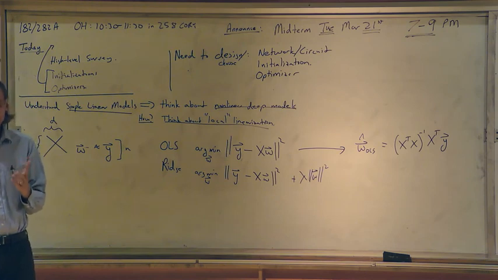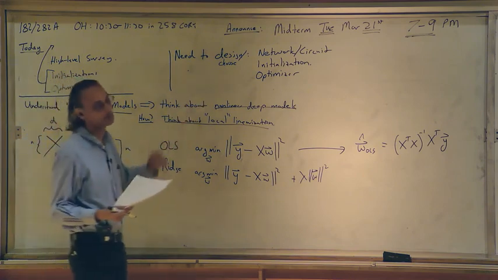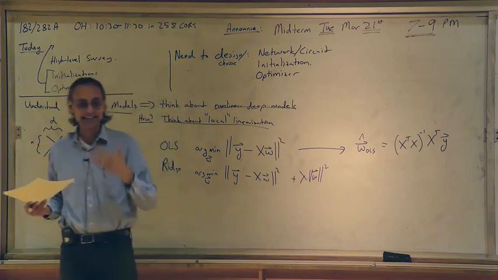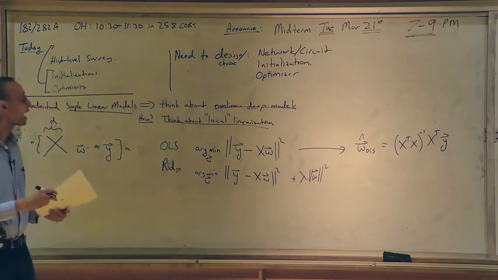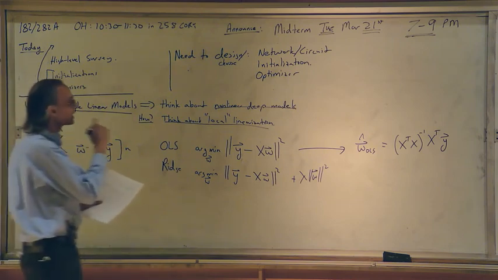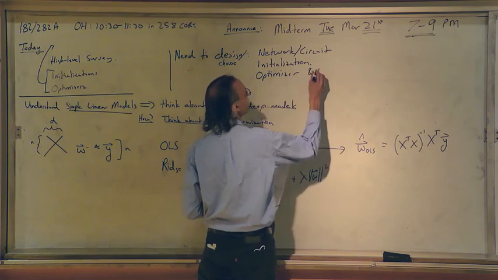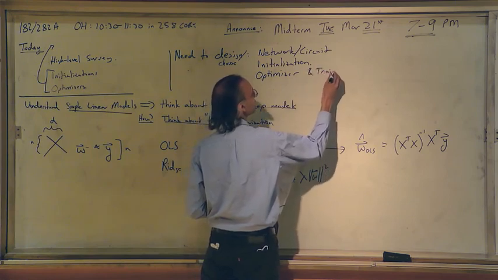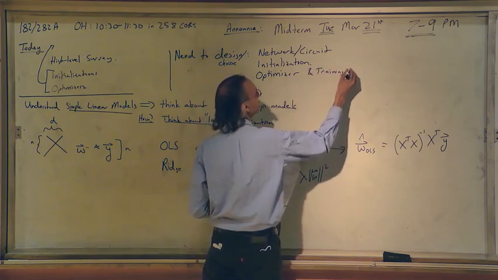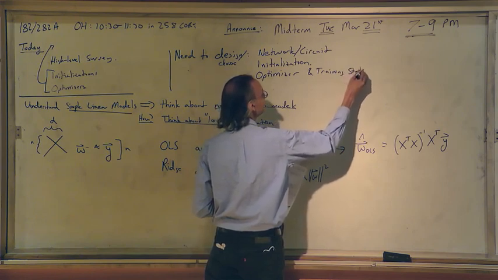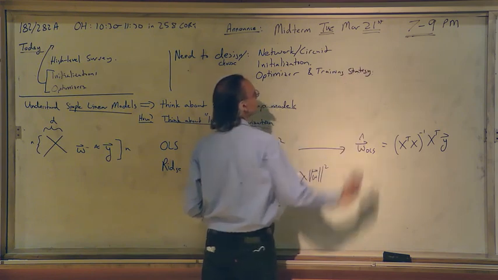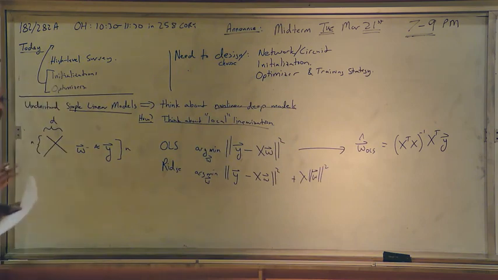But it's not a sufficient condition, because the actual initialization and actual optimizer, when faced with the data, has to actually be able to do it. So I will augment this a little bit to say optimizer and training strategy. We'll talk a little bit about the training strategy later. This is the big picture of what you have.